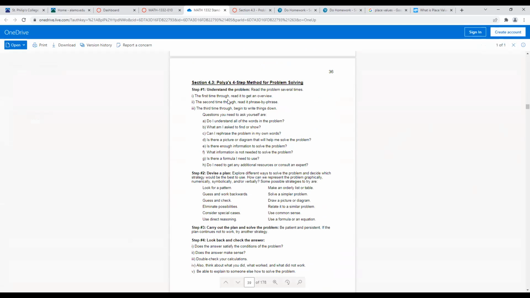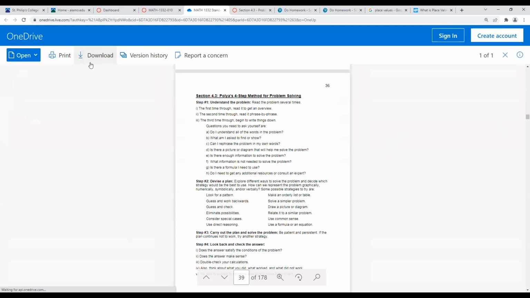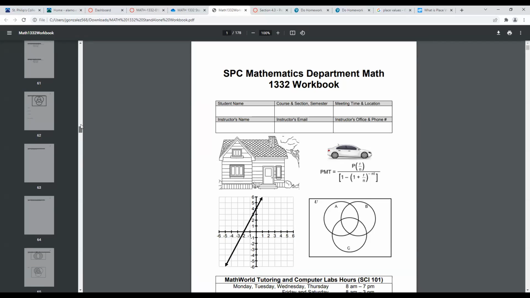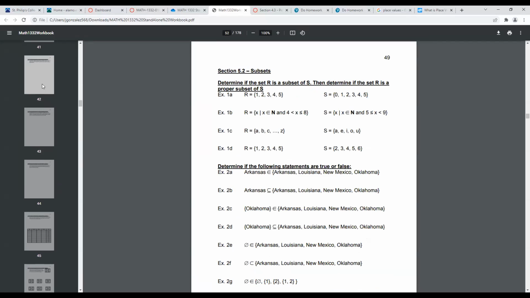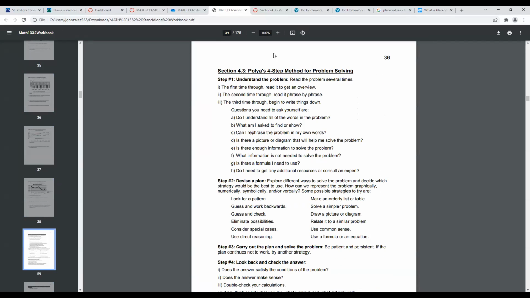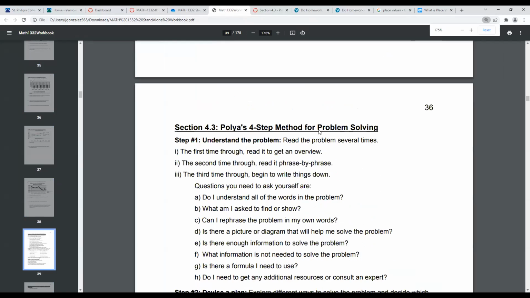So step one, zoom in. Can you guys see that?